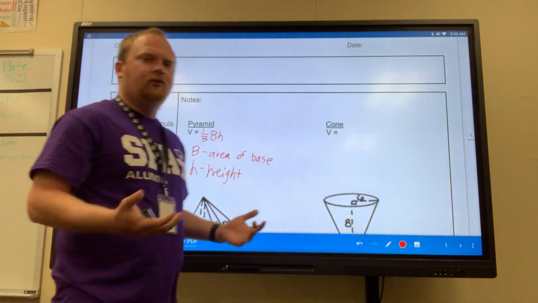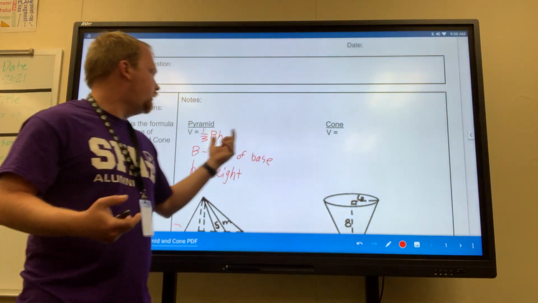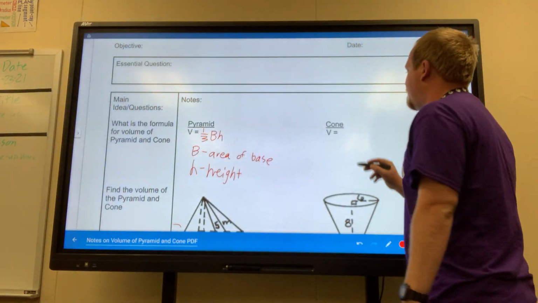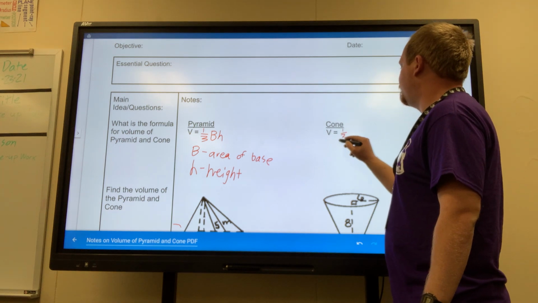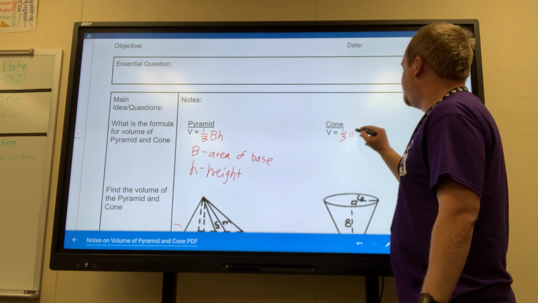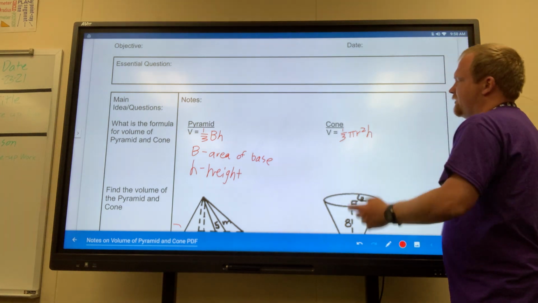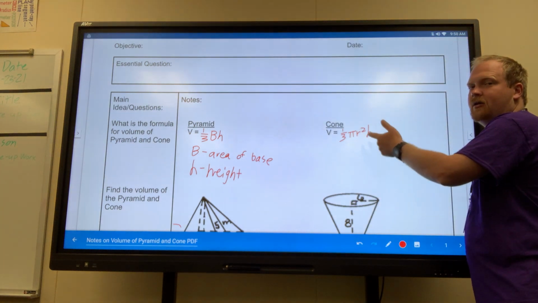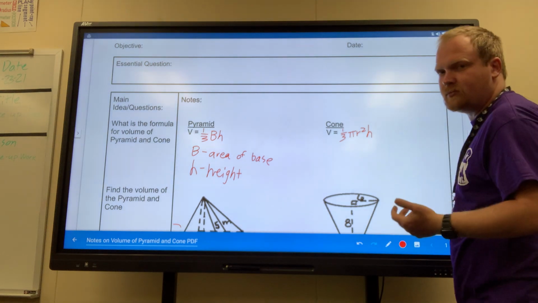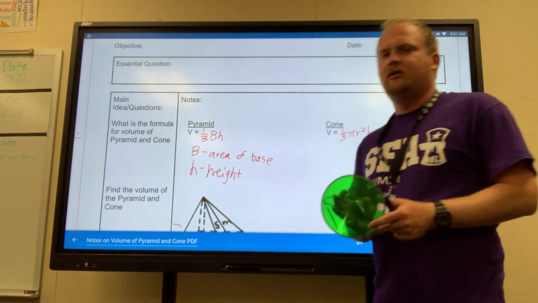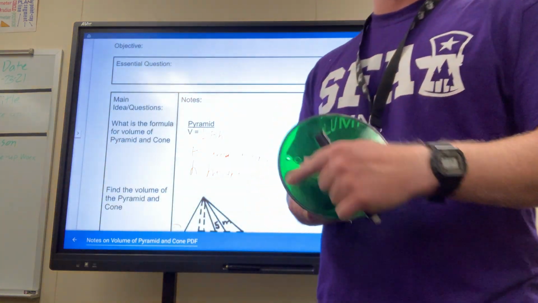Now, one big difference between cone and pyramid as far as the volume goes is that it's going to be 1/3 pi r squared times h. So we're still going to be given pi, r, and h. Because if you remember, the base of a cone is always a circle.